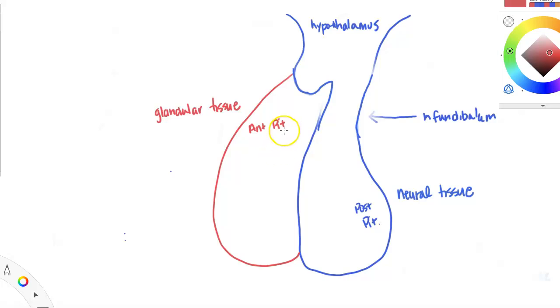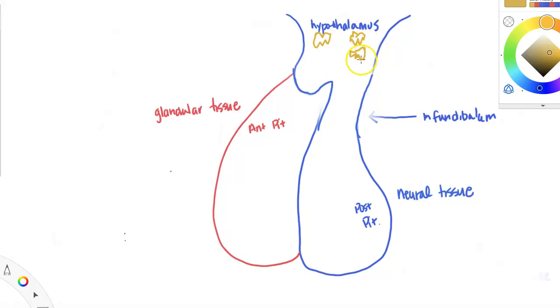So if we look at the posterior pituitary first, the hypothalamus contains nuclei up in here. And these nuclei are what produce the hormones that the hypothalamus is responsible for, okay? So for the posterior pituitary, you've got two nuclei that make the hormones.